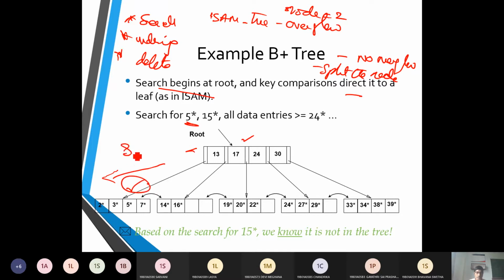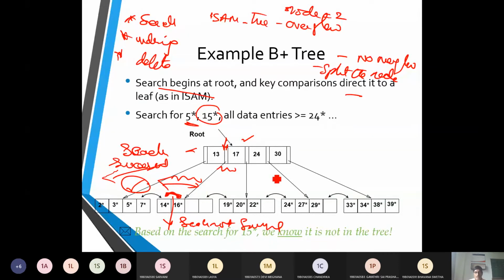Now the search is successful. Fine. Then I am looking for 15. So 15 has to be between 13 and 17, so it moves into that region, and it sees again between 14 and 16. So the search is not successful.